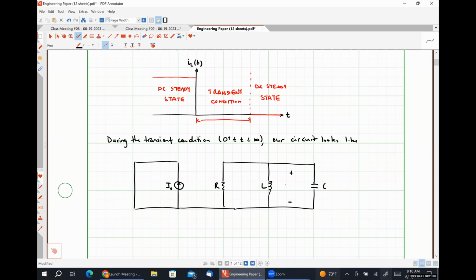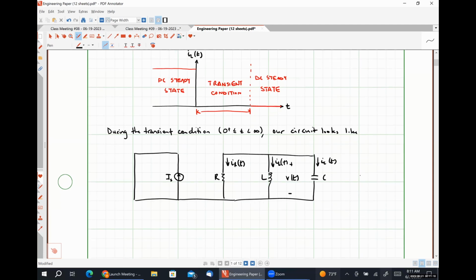Here's our voltage, V of t. Here's our current, IC, our current, IL, and our current, IR.